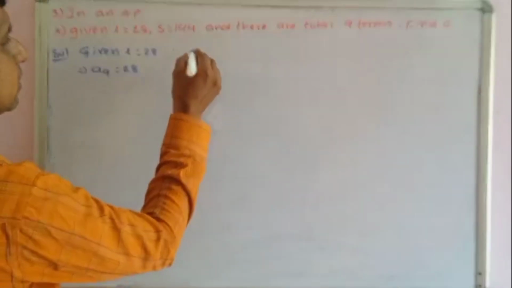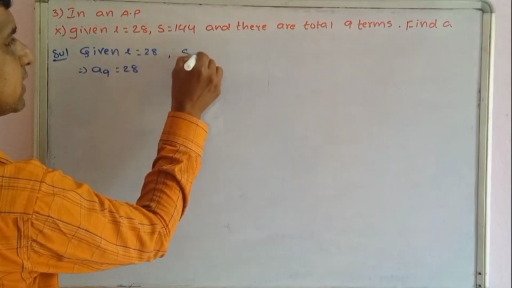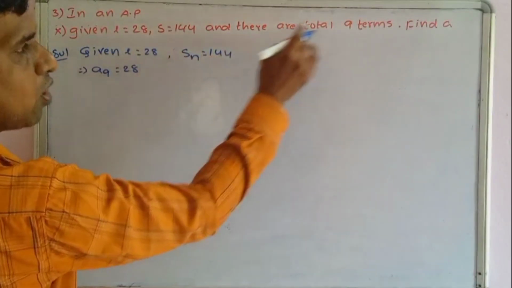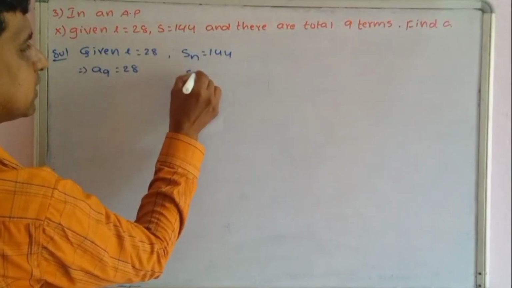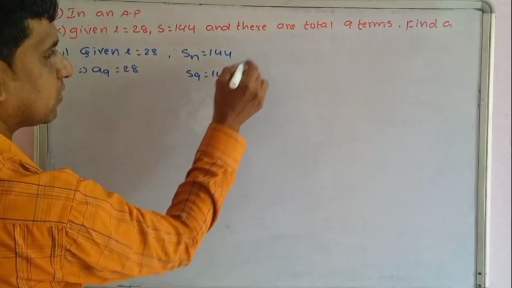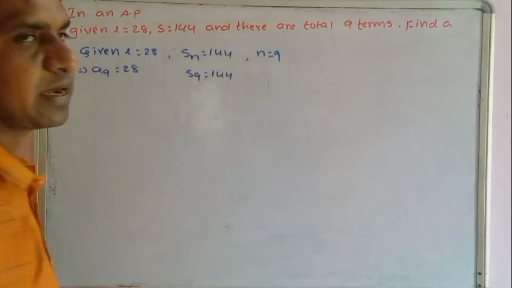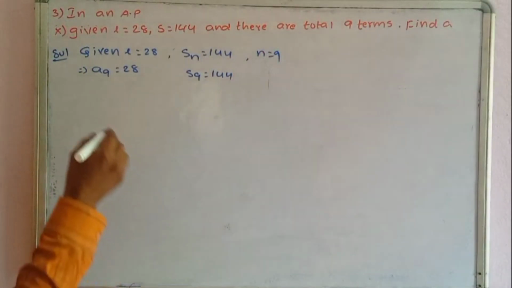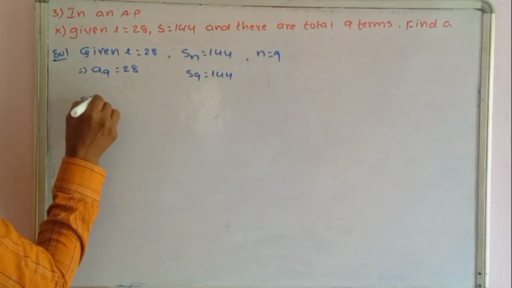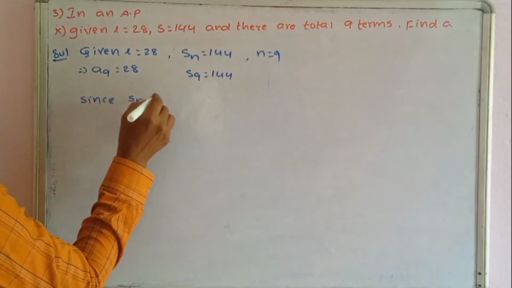Next, Sn is given, that is Sn equals to 144. How many terms are there? 9 terms. That is S9 equals to 144. So n equals to 9. Since what is the formula?